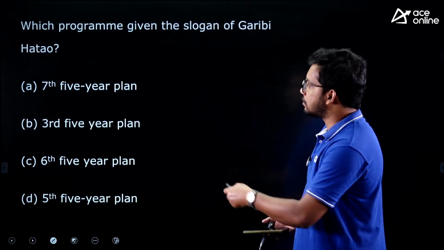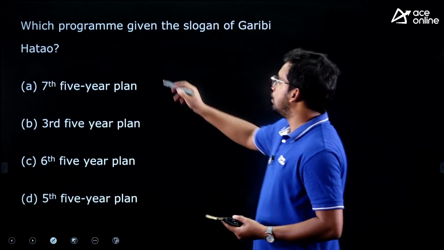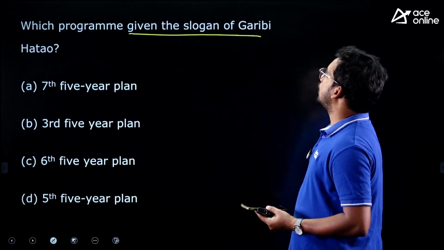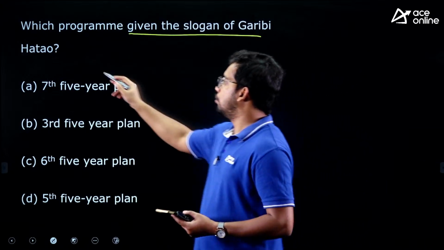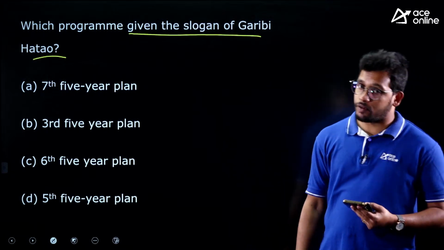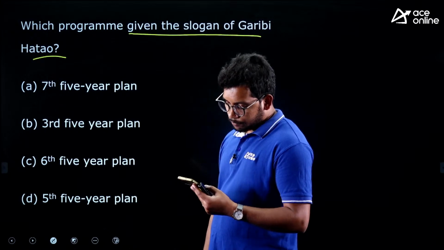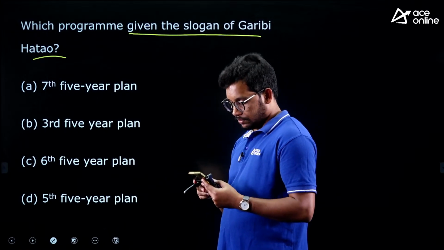You need to remember this is a mere fact. Yes, Jahnavi, correct. Next one: which program gave the slogan of Garibi Hatao? So Garibi Hatao, that means eradication of poverty, was the aim of which 5-year plan? Correct, Inforeader. Now answer this question.